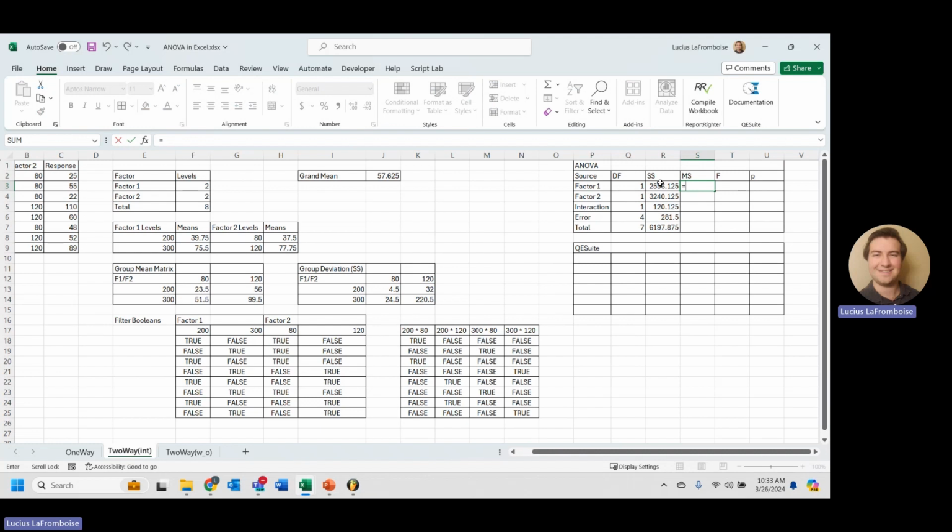All right. Mean squared is just the sum square divided by the degrees of freedom for each term. And I want to go all the way down.